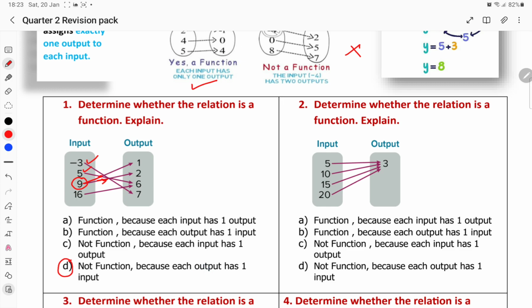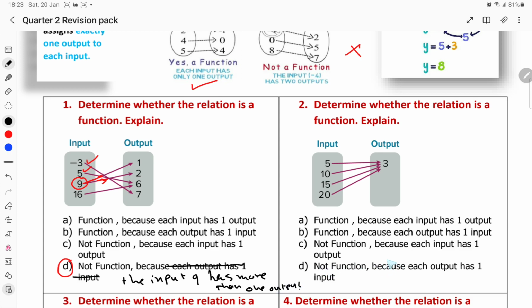Why? Because, let's fix this together. Because the input 9 has more than one output. Very good.